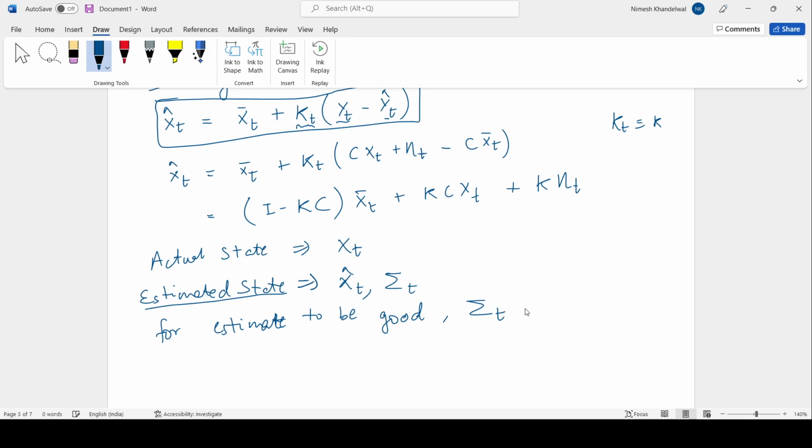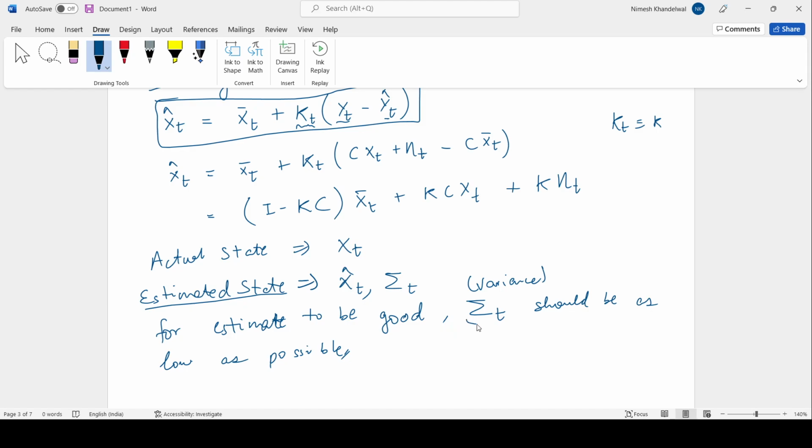my variance in the value should be as low as possible, right?